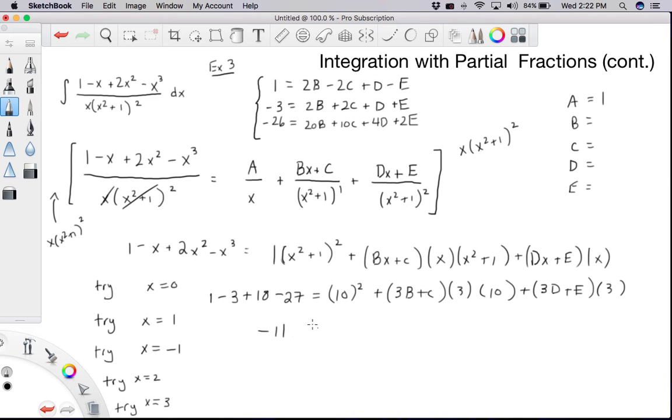I believe this is going to be negative 11 is equal to 100 plus 90b plus 30c plus 9d plus 3e. And then if we subtract 100, we'll get negative 111.